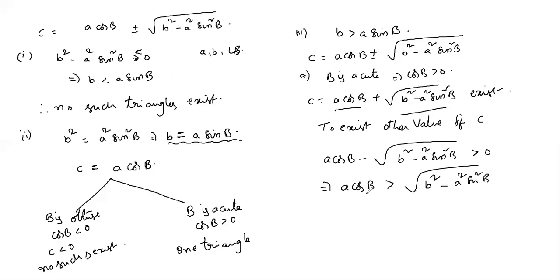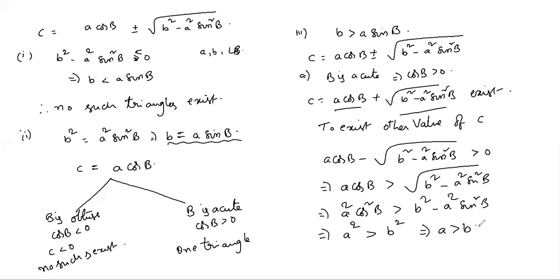First of all, cos B is positive and A is positive, so positive greater than positive. By squaring on both sides, A square cos square B is greater than B square minus A square sin square B. Taking A square sin square B to the left side and taking sin square B plus cos square B common, which is 1, A square is greater than B square, so A is greater than B. So if A is greater than B, in this case the second value also exists.